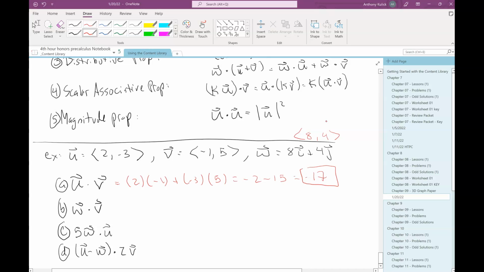So that's easy. We have 8 times -1 plus 4 times 5. So -8 plus 20 is 12.